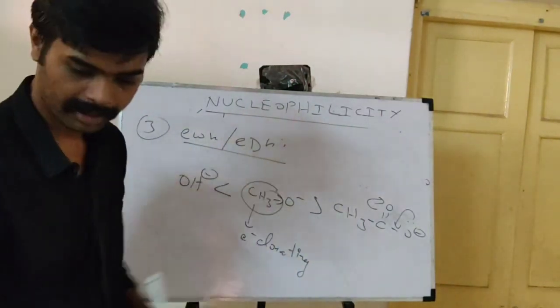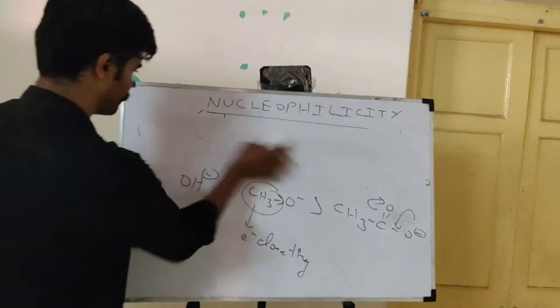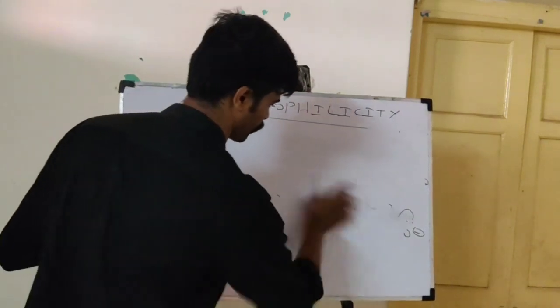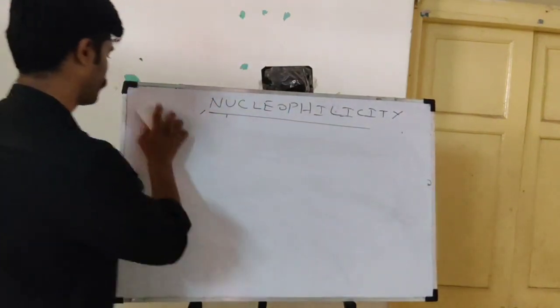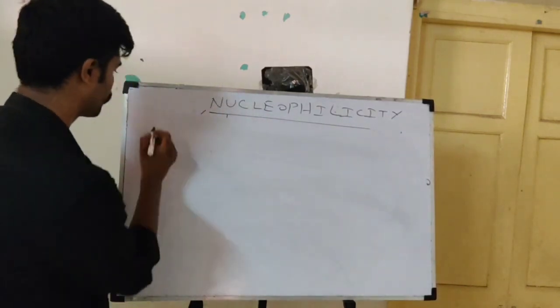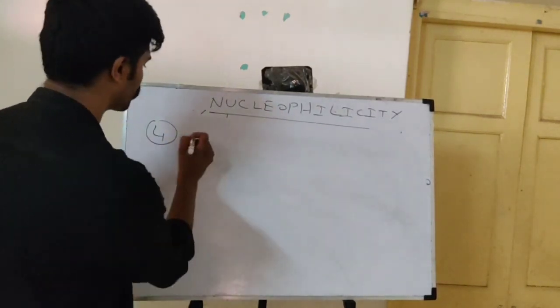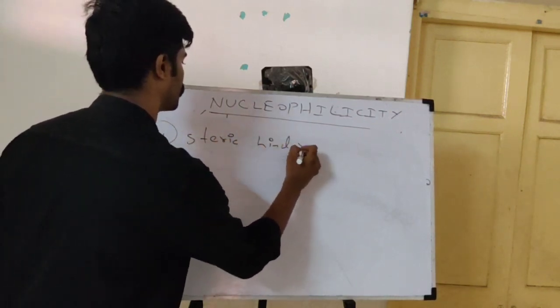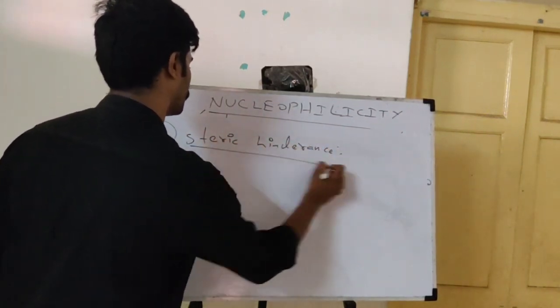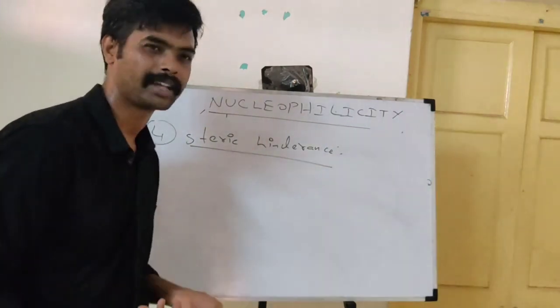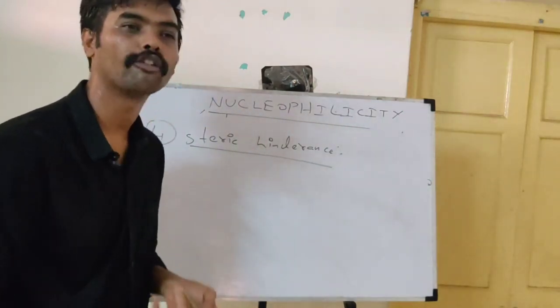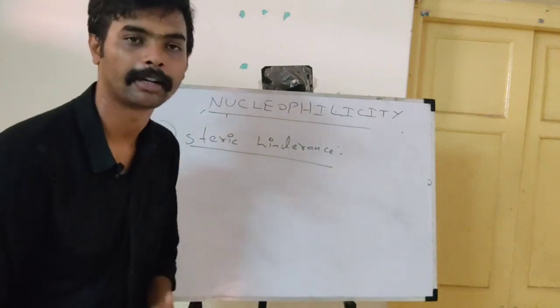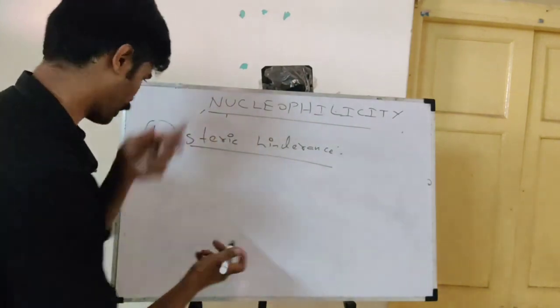Okay, now this is one more factor. Moving on. Fourth factor is going to be the steric hindrance. Now this is a technical word for the basic term of crowdedness, how fat or how big that particular nucleophile is. I'll go for an example.